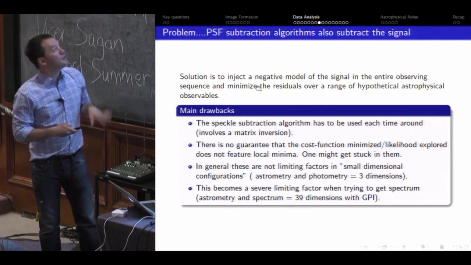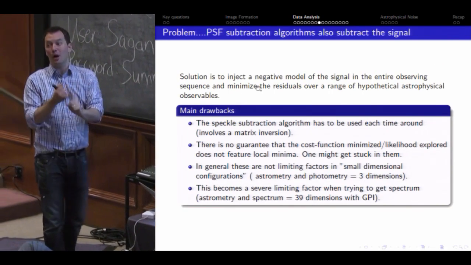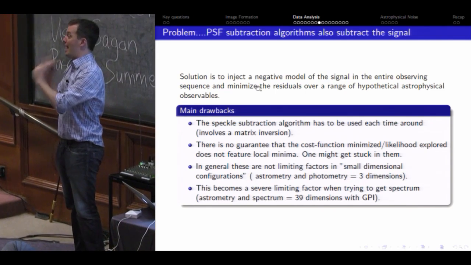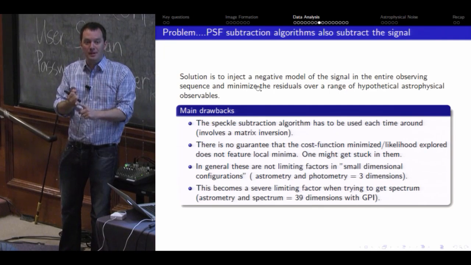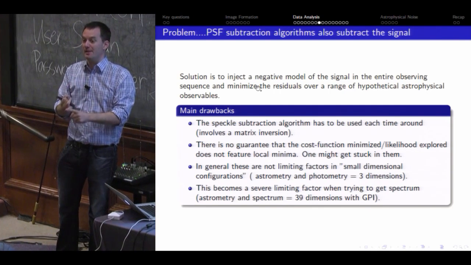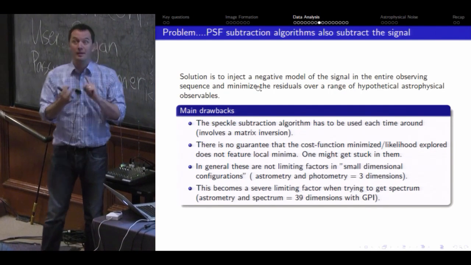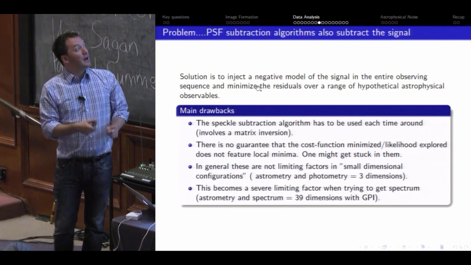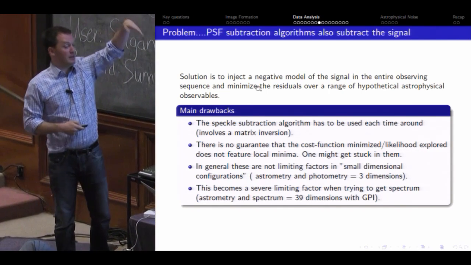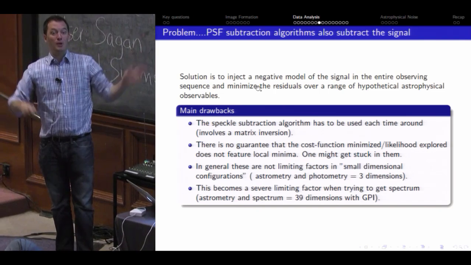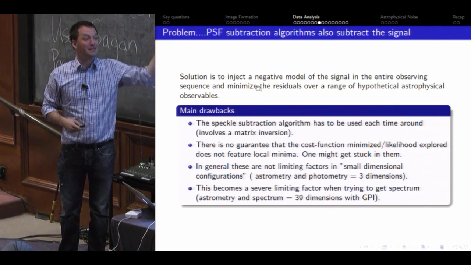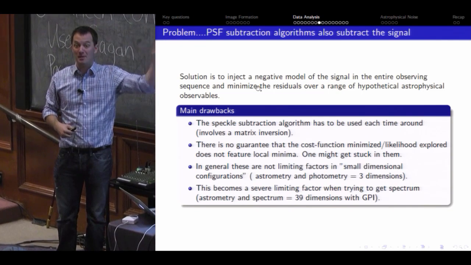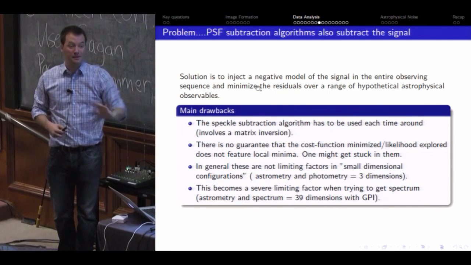brightness. Now the trick when you do that is, A, you have to rerun your data analysis algorithm every time. That's what you have to do. There's a matrix inversion. It starts to be pretty expensive computationally, in particular when you do an MCMC. B, the cost function: I showed you that there was a nice global minimum, there was a parabola. There's no guarantee that, I mean, this is a nonlinear process, so yes, maybe you'll be lucky and get to a global minimum, maybe not.